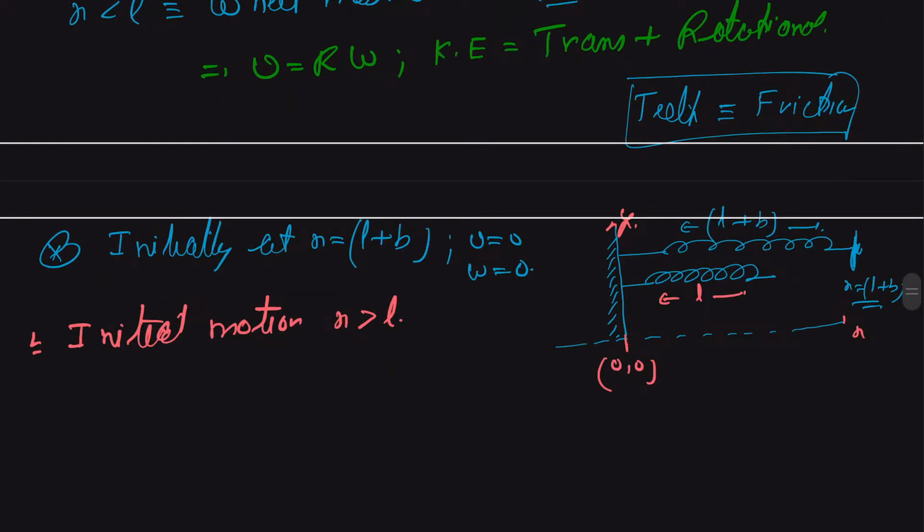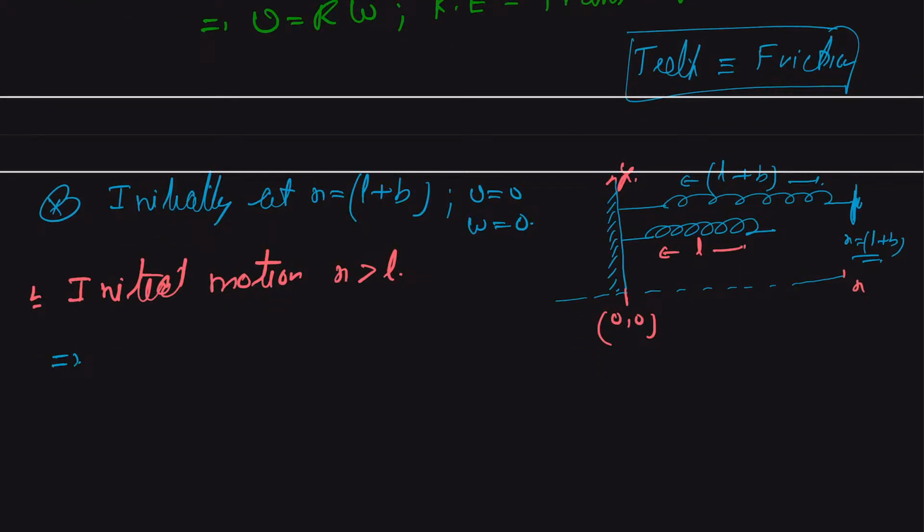So initially when x is greater than 0, there is no friction, and if there is no friction, there is no torque, and if there is no torque, our omega is equal to 0. Like we said, that motion will be purely translational. Therefore, it is just like a mass connected to a simple spring.